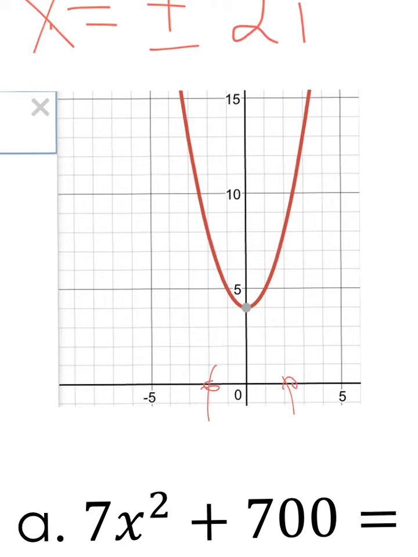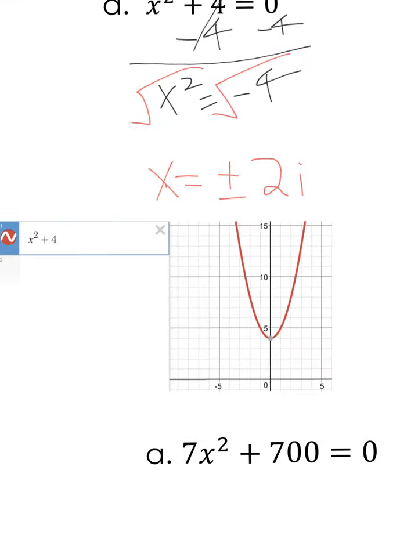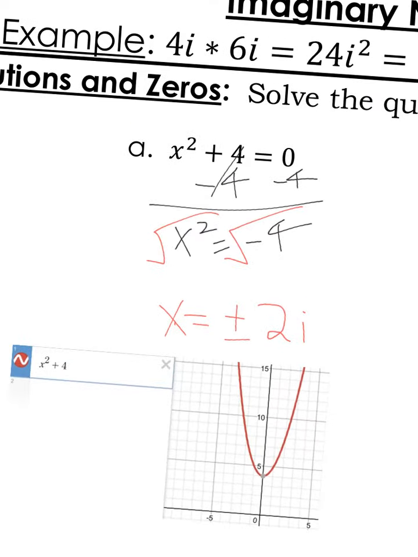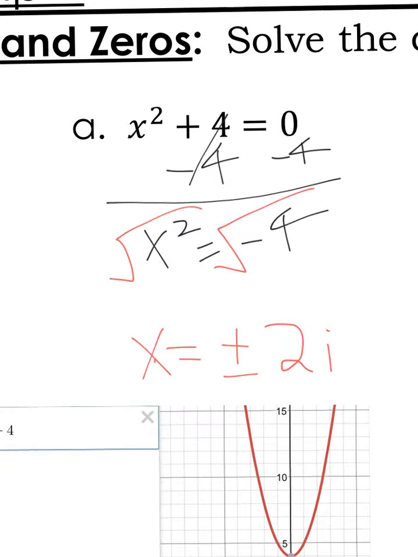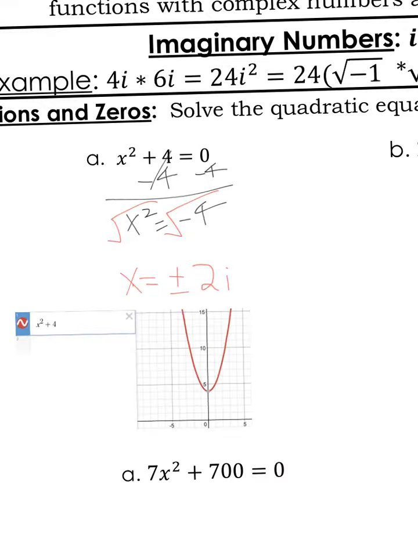So when you have imaginary solutions, there is no intersection there whatsoever. So that's why they're imaginary, okay? So the graph never touches the x-axis, and that's why we have the i by all our solutions, okay?